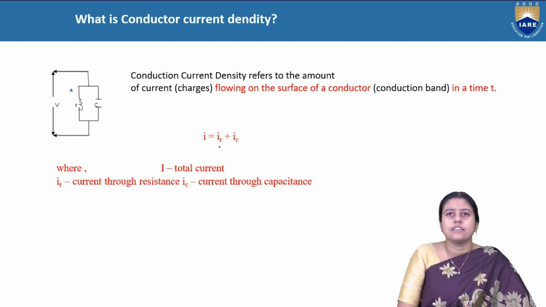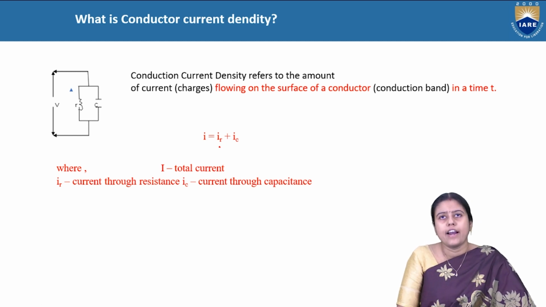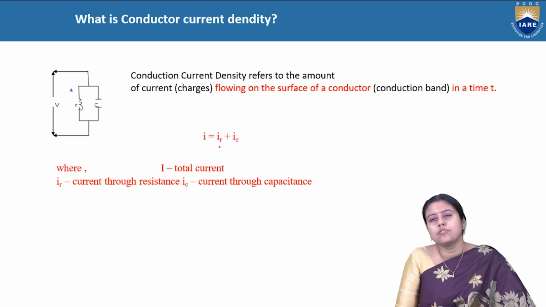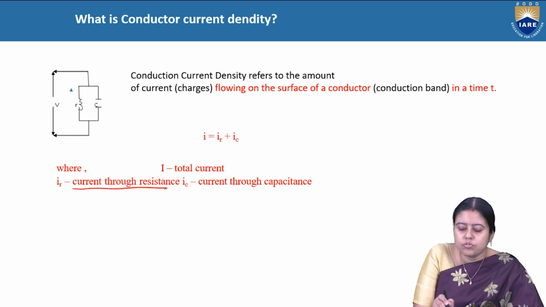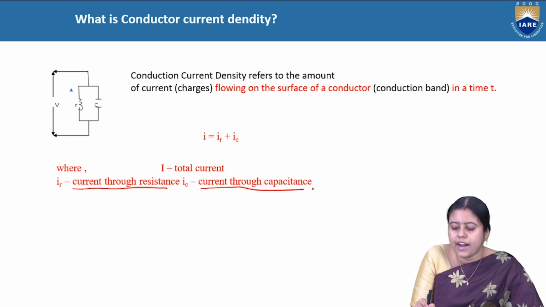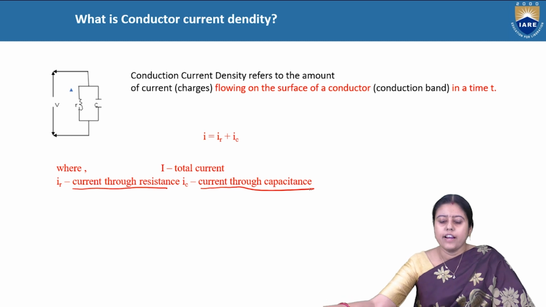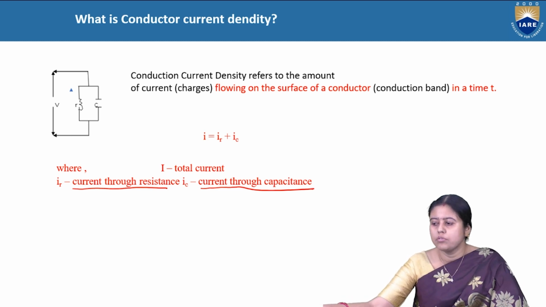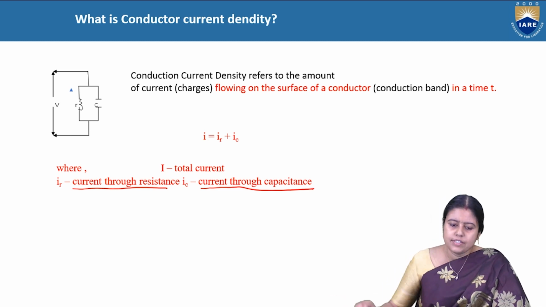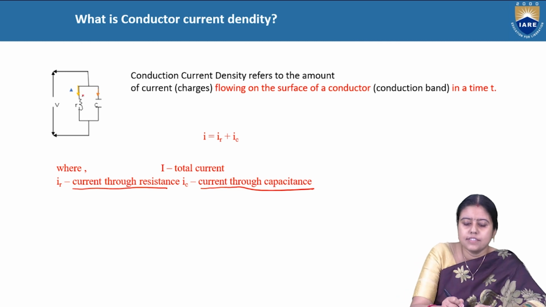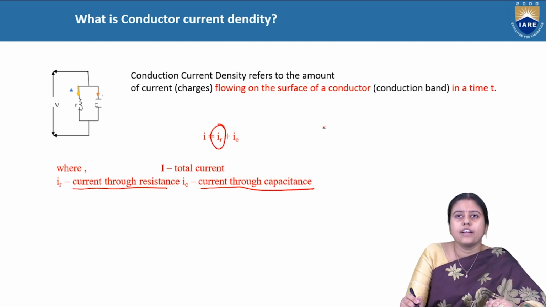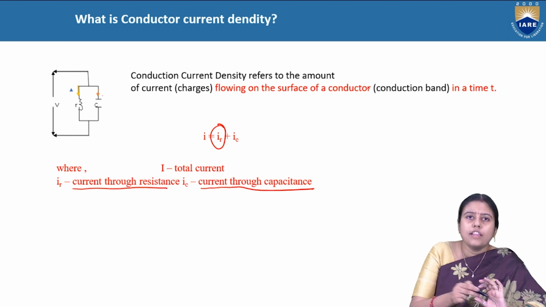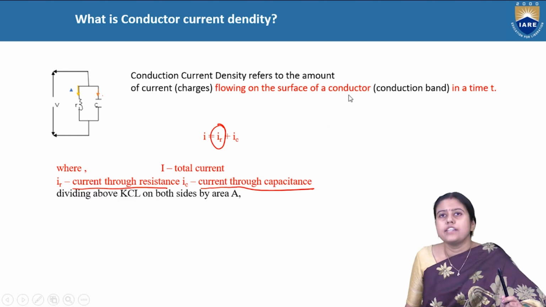IR is known as the resistive or conduction current, the current through the resistance, and IC is known as the capacitive current, the current through the capacitance. IR is the conduction current flowing through the conductors.